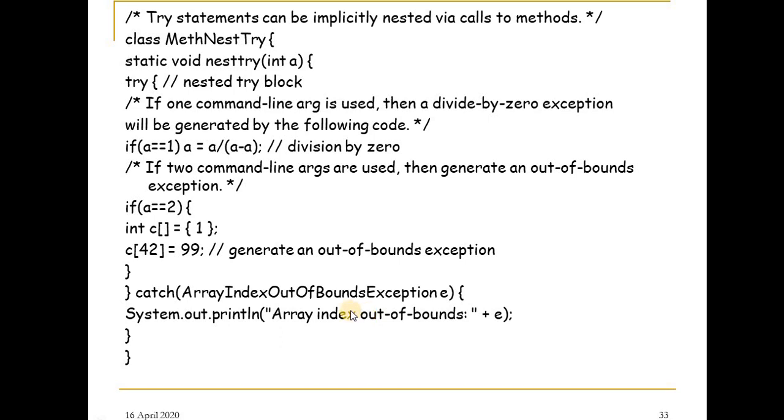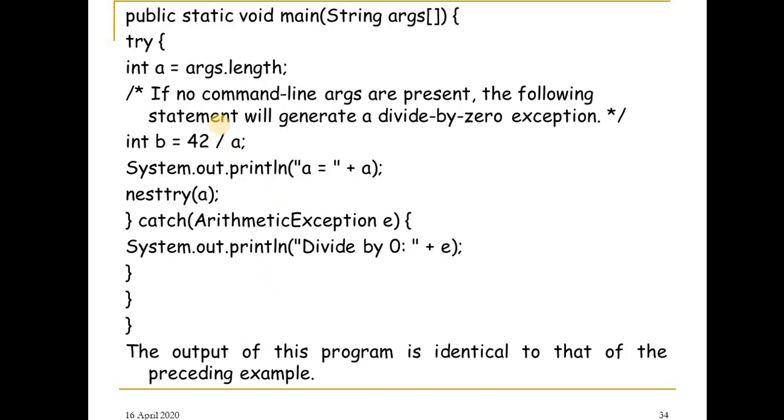So the exception will be passed to the caller method's catch block. Who has called this method? Main has called. So the exception object will be passed to the main method's catch block. Since this catch block can handle arithmetic exception, the exception will be caught by this catch block and it will be handled over here.